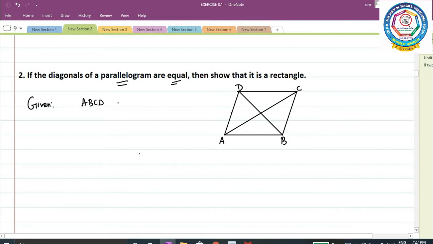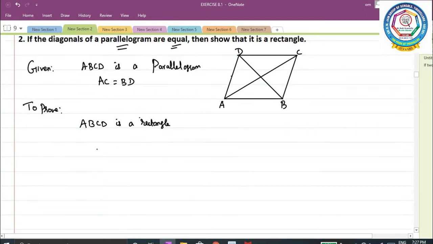ABCD is a parallelogram, and diagonals are equal. What are the diagonals here? AC is equal to BD. To prove: ABCD is a rectangle.